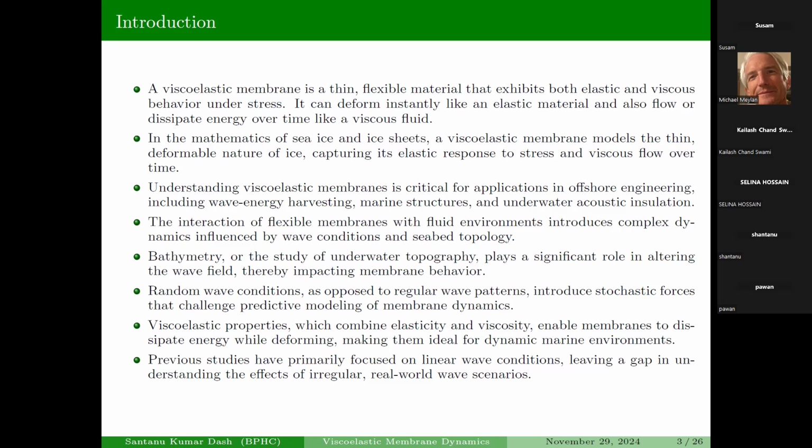Regarding random wave conditions, when we look at the ocean, the waves are not in the regular pattern that we consider for most studies.